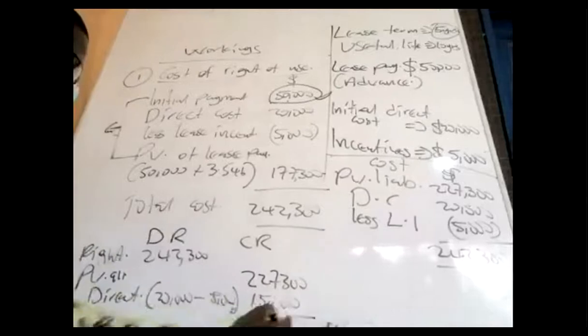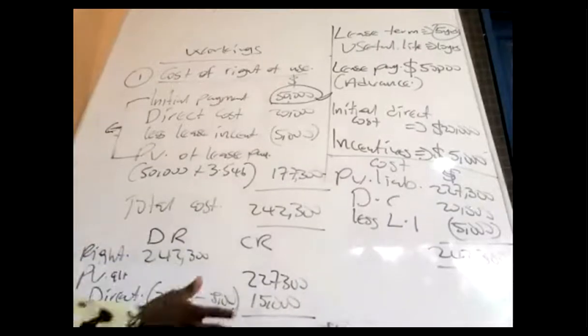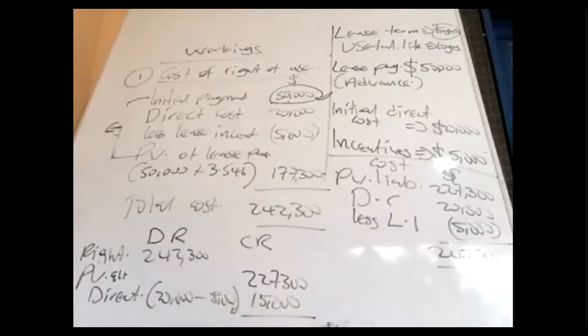When I balance this, I balance nicely: 242,300 and 242,300. Perfect. This is not part of the solution.